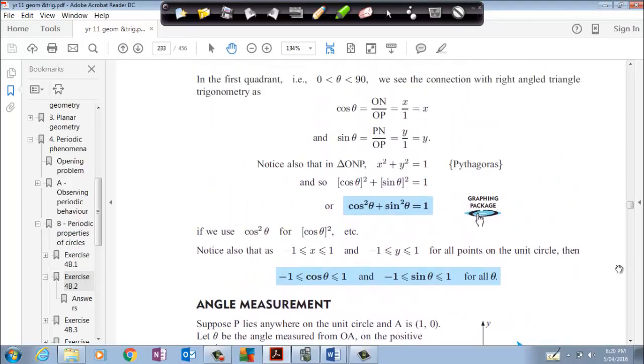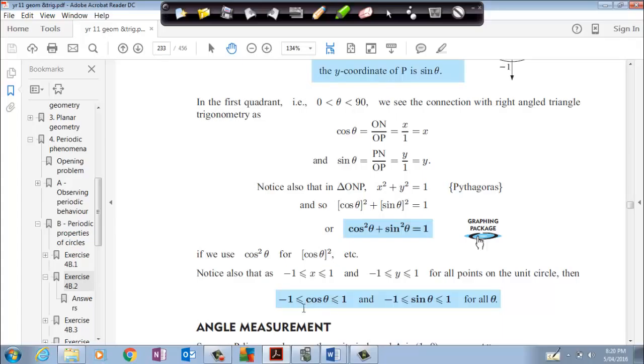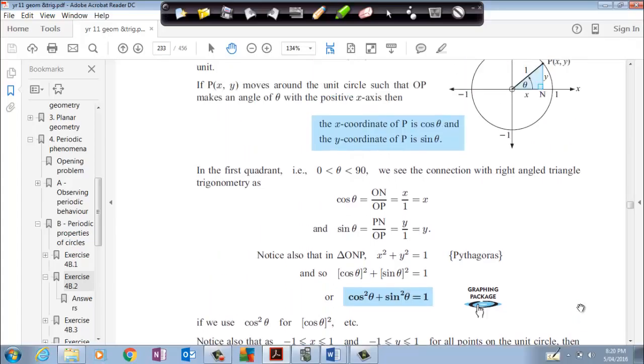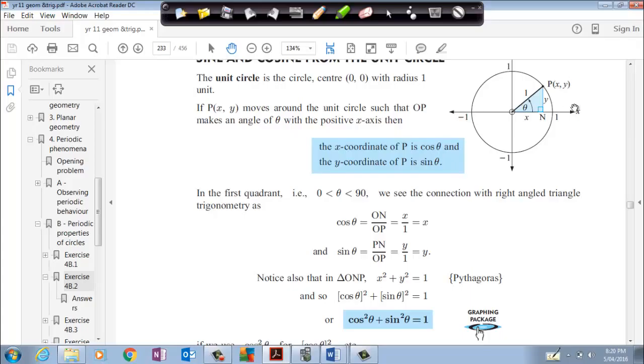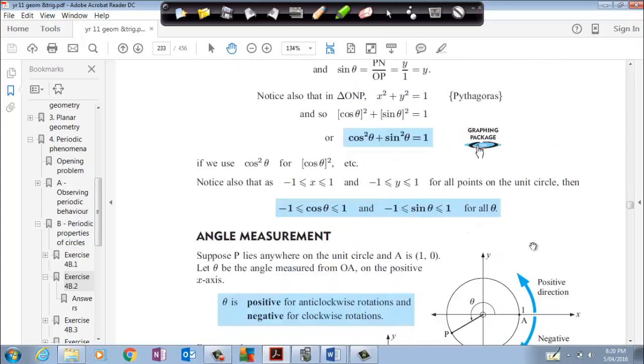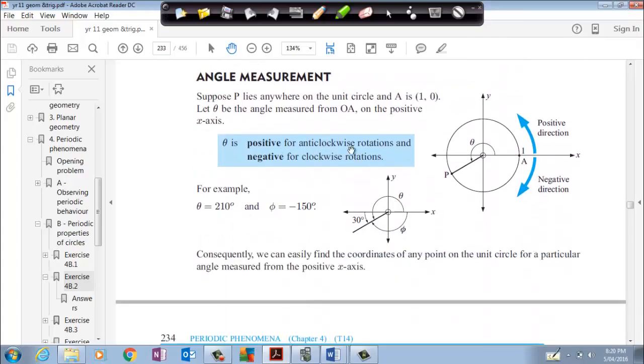Now it does say also to bear in mind that cos ranges between -1 and 1 and sine ranges between -1 and 1, which is obvious because we can't go any bigger than those values in the unit circle. We already know that positive is anti-clockwise.